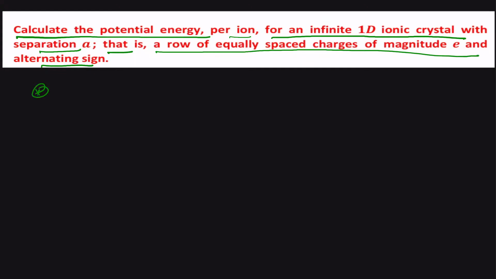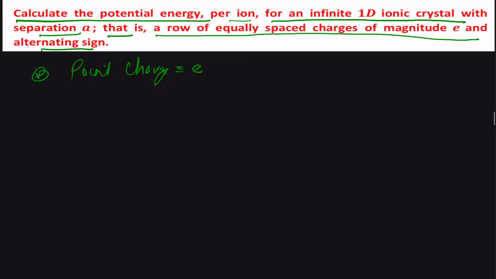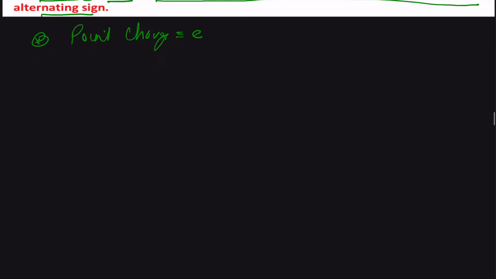So we can say that we are given that we are having a point charge, and that point charge is given as E, and it is also mentioned that the separation between each is given as A. Therefore we can just write that they are placed at x is equal to 0, plus minus A, plus minus 2A, plus minus 3A and so on.